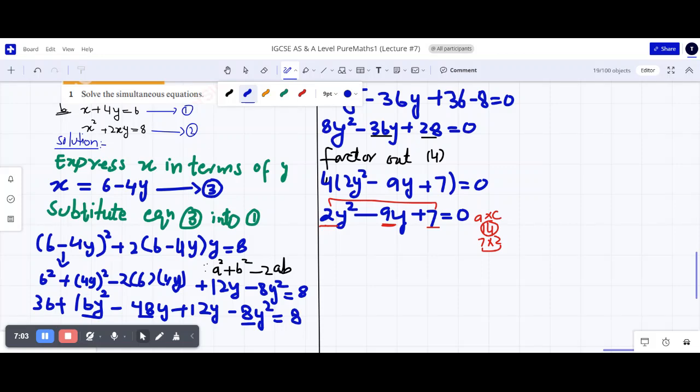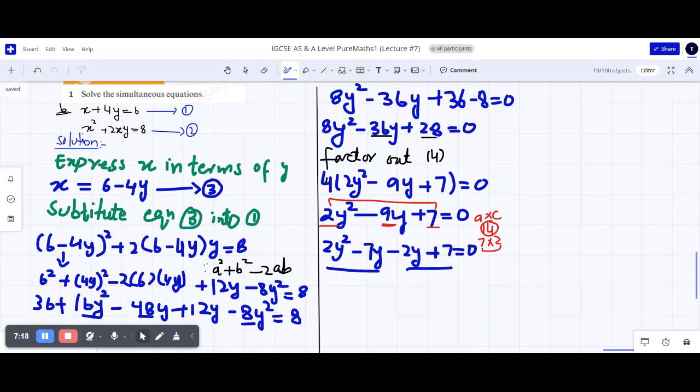We write down the factors: 2y squared minus 7y minus 2y plus 7 equals 0. We take the common factor from the first two terms and the next two terms. In the first two, y is common and 2y minus 7 is left.